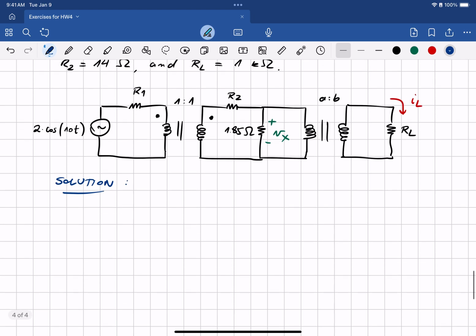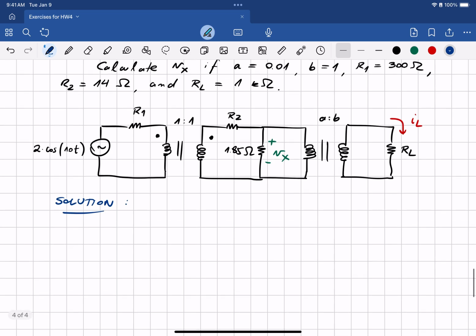Solution. In this case, we're calculating voltages. I know that in general, when we move into the phasor domain, we use RMS values. That's the standard thing to do. There's nothing wrong with using maximum values, which is what we're going to use now, but we need to be consistent.